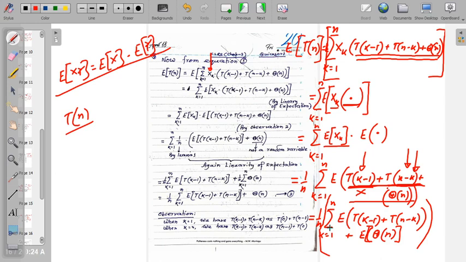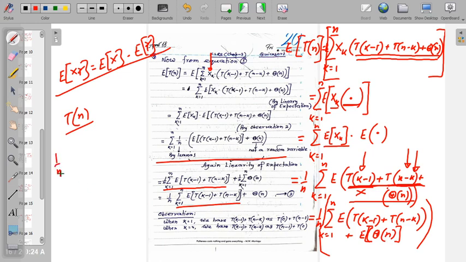So up till this much we have done. Now what we have to do is multiply this 1 by n to this term, and also multiply 1 by n with the sum over k equals 1 to n of theta n. So I am separating it out right now.